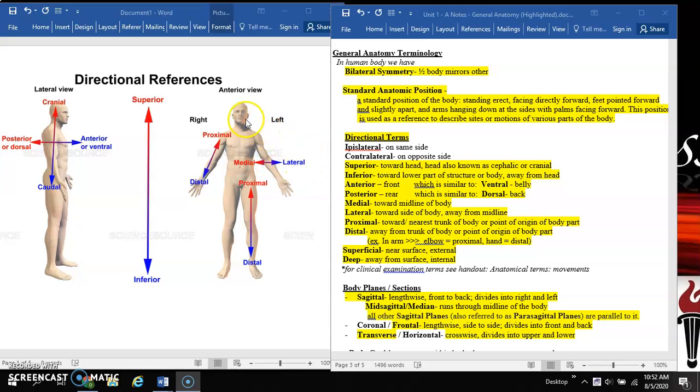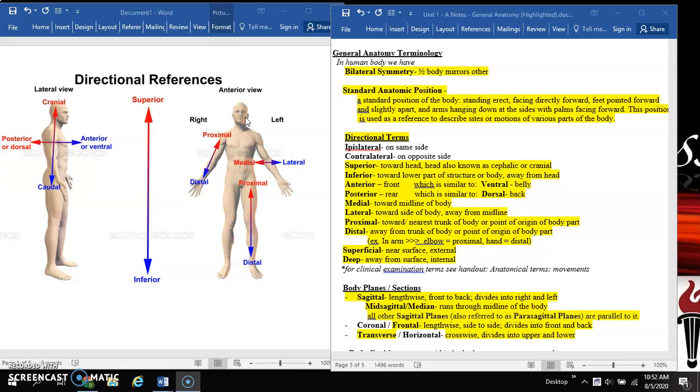For example, if you were a dermatologist or something, and you were describing a mole that this individual had on his cheek over here on the left side, you would say, well, that's medially located from the ear 6 centimeters. And that gives you a point of reference where to look.